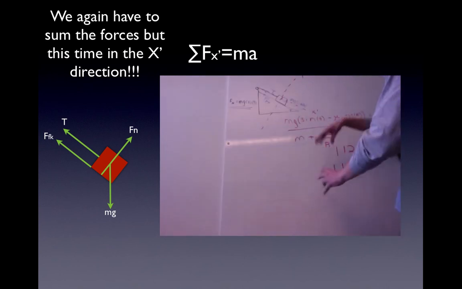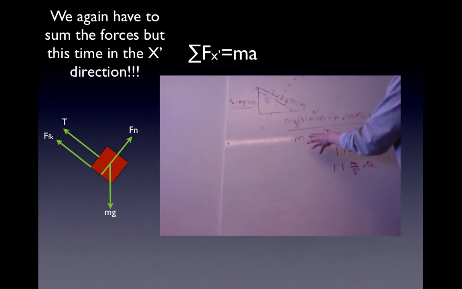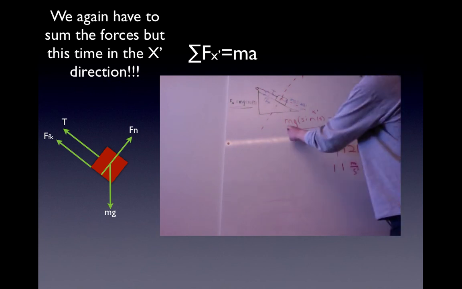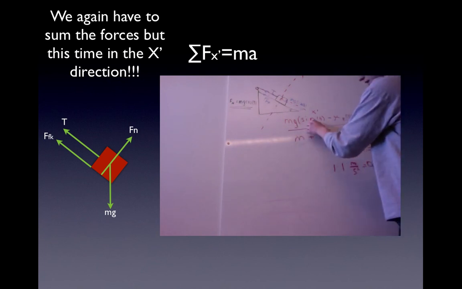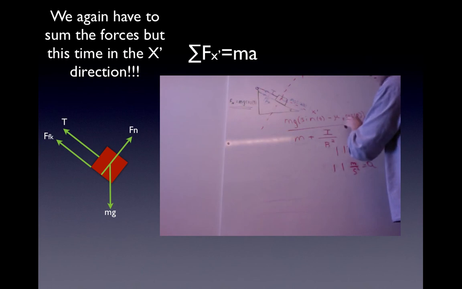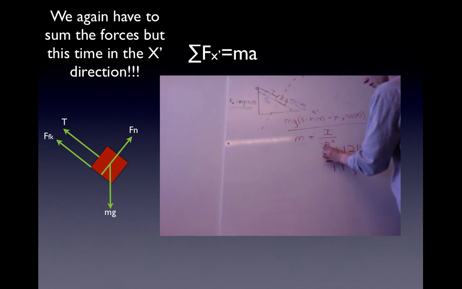Just to rewrite the equation so we have some more room, we put it up here. We know what m is, we know what g is, we know what theta is, and it was given to us what mu k was. We know the mass, we know what I was because it was given, and we know what R is.